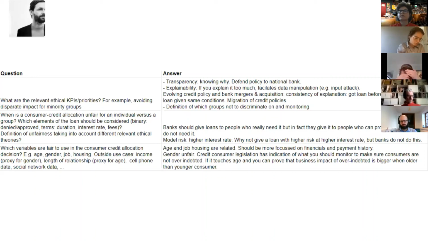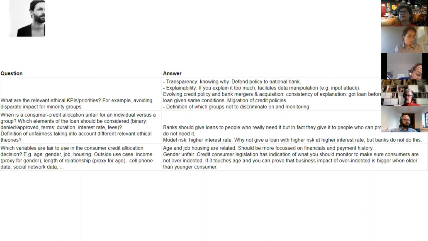We also said that it should be more focused on real creditworthiness factors such as your financials and payment history. If you translate that to this use case, it would mean that we focus on the savings and current accounts variables, but not so much on age, we wouldn't use gender, we wouldn't use job, probably also not. And there was a fourth one, which I forgot, sorry.